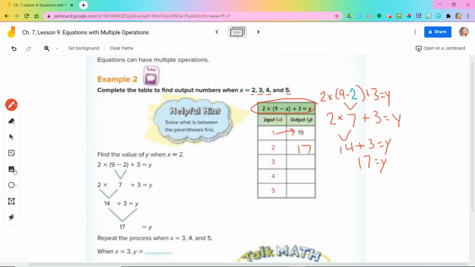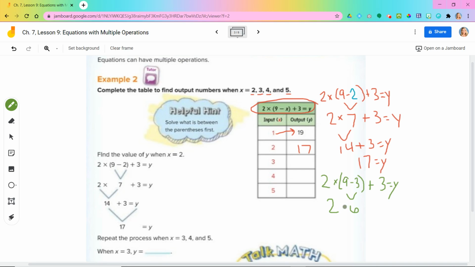Now let's see what happens when my x is 3. So I'm going to say 2 times (9 minus 3) plus 3 equals y. 9 minus 3 goes first because it's in parentheses.